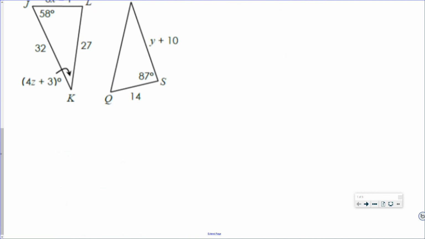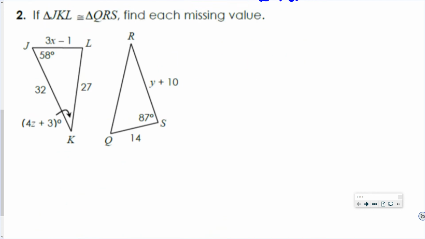Number 2 was a fun little problem, little algebra mixed in here. They're telling me these two triangles are congruent. It says, if triangle JKL is congruent to QRF, find each missing value. Okay, I'm going to just start with X. So I see X is up here on line segment JL of this triangle.